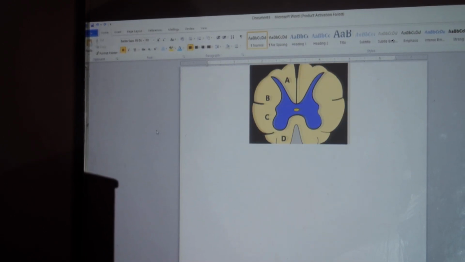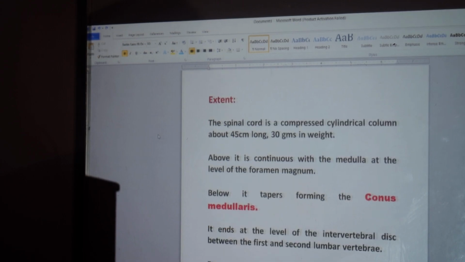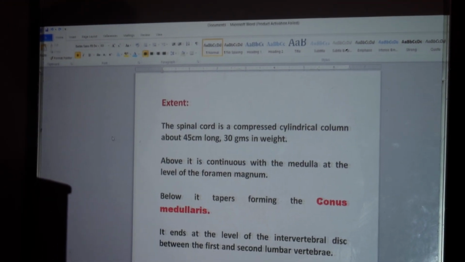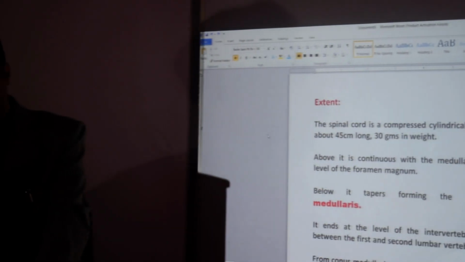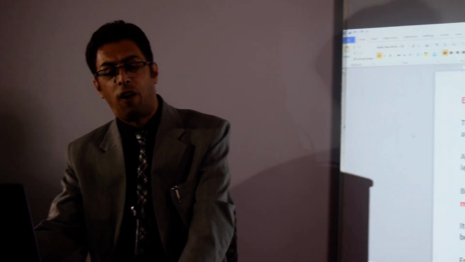Now, first of all, going to the parameters which are frequently asked about the spinal cord. As you are well aware, the spinal cord is a cylindrical column almost 45 centimeters in length, and it is a non-uniform cylindrical structure. The diameter of the spinal cord is not the same everywhere. Number one.